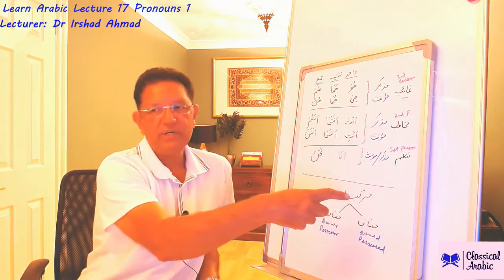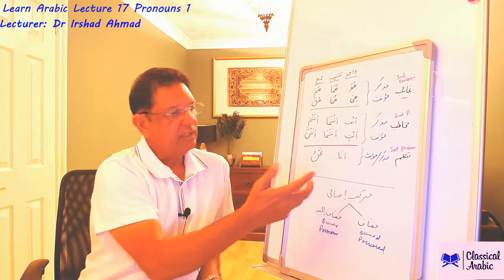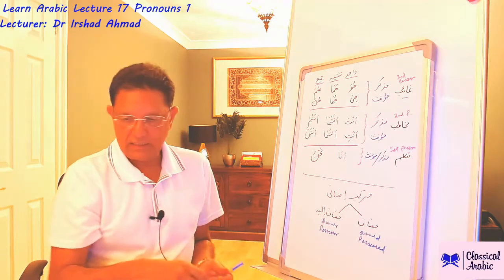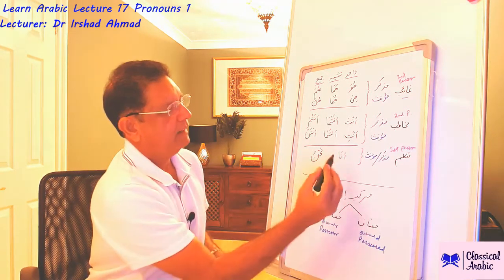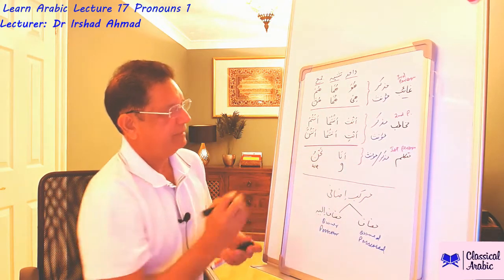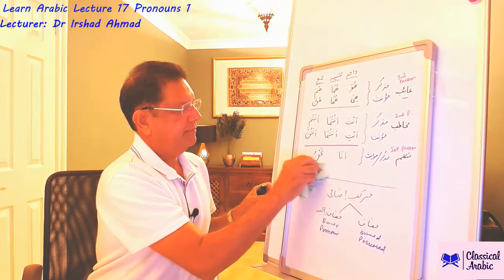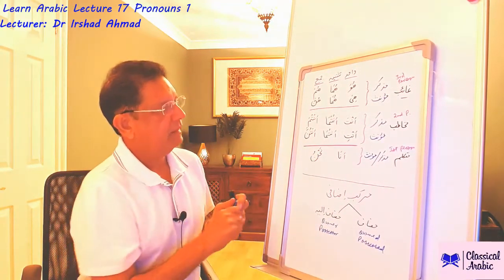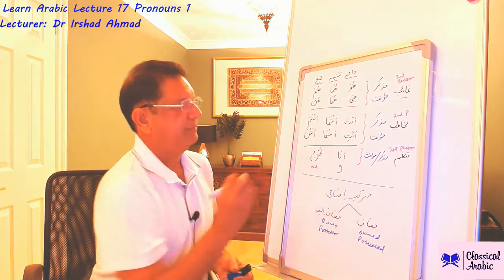And when it comes to first person, in Arabic we have only 2, just like English. This is I, ana, and nahnu, we. Let's change the color. So ana is I, and nahnu is we.